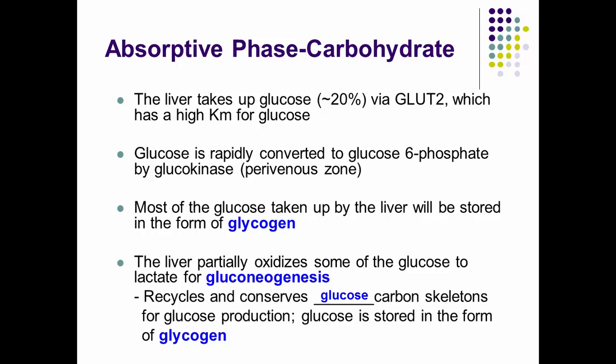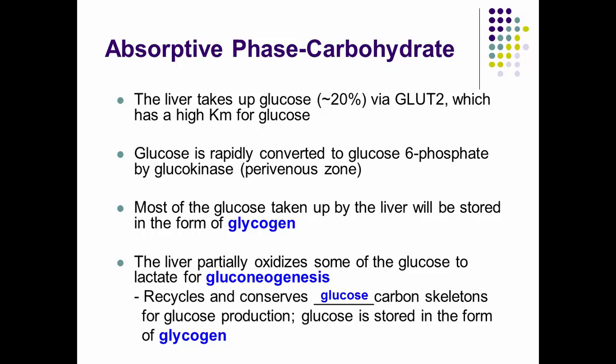So for glycogen synthesis in the liver, the glucose can come from two sources. One is directly from the dietary glucose, right? And the other source is through the gluconeogenesis pathway from precursors such as lactate, which initially comes from the partial oxidation of glucose, and also amino acids, which in the fed condition can also be used as precursors for gluconeogenesis.